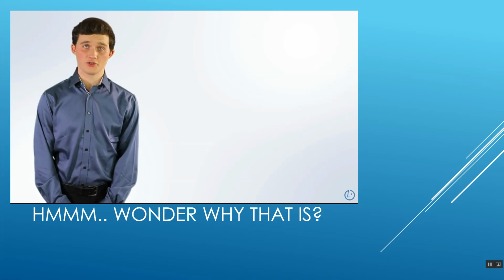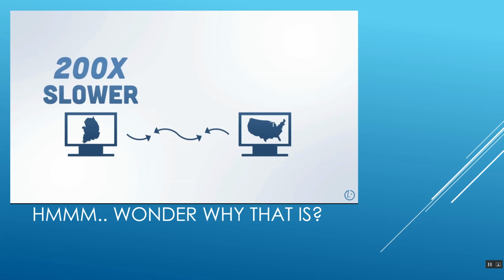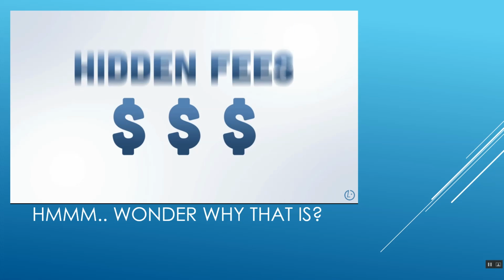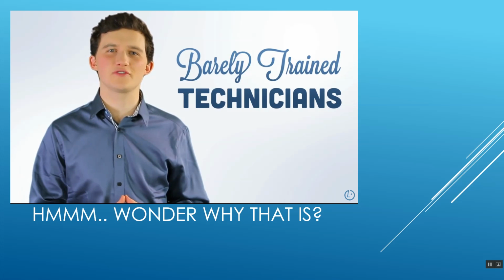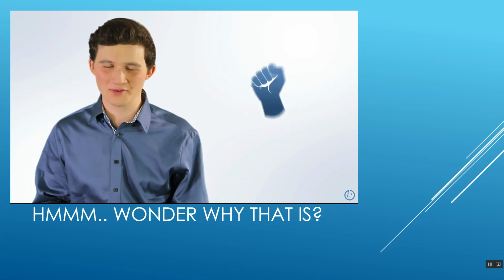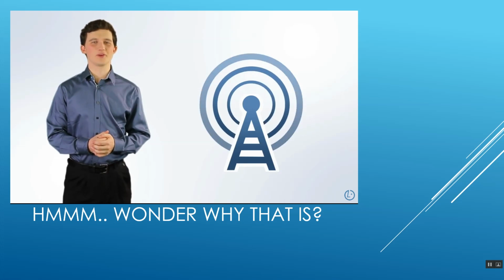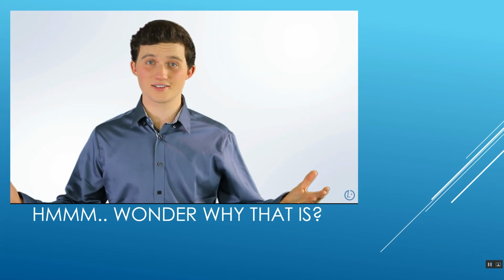You'll have the option of choosing from several of our completely unwarranted rip-offs, including internet speeds up to 200 times slower than Korea at twice the price, TV packages with over 500 channels, 90% of which you can't view, and we guarantee a plethora of hidden fees. Then, our barely trained technicians will come to install your services somewhere between the hours of 8 a.m. and 10 p.m. Knock once while you're in the shower, and promptly leave. And once we do finally get your service up and running, it'll be down and limping within 3 hours. Indefinitely.